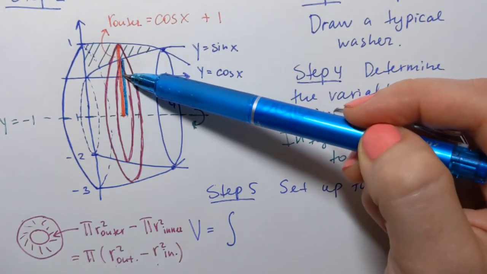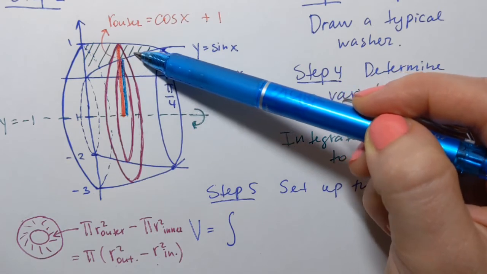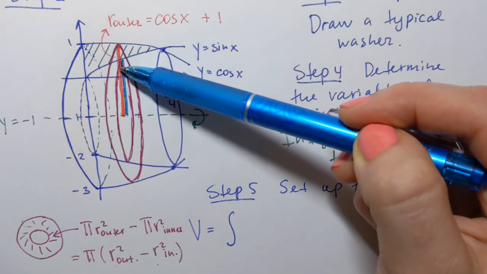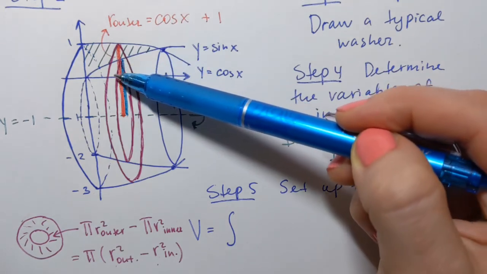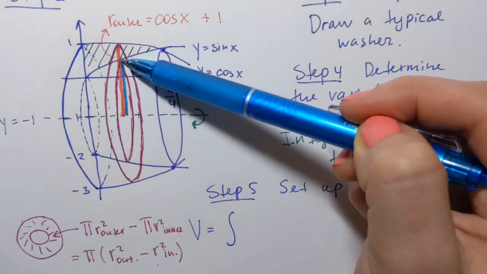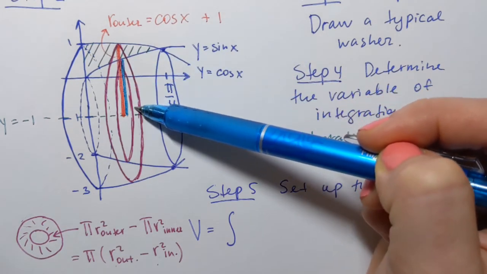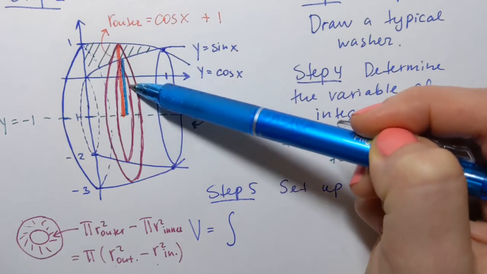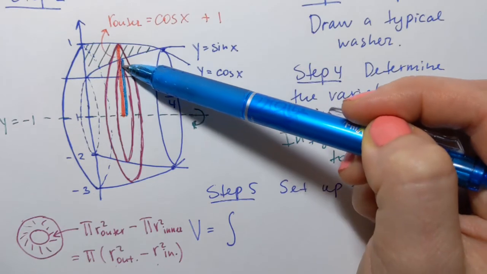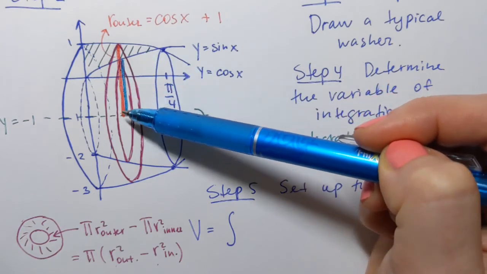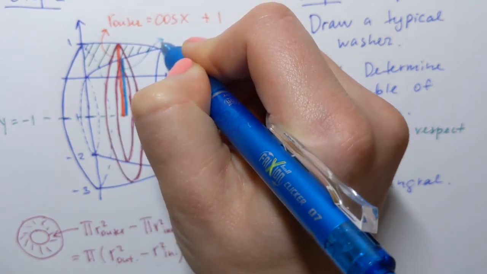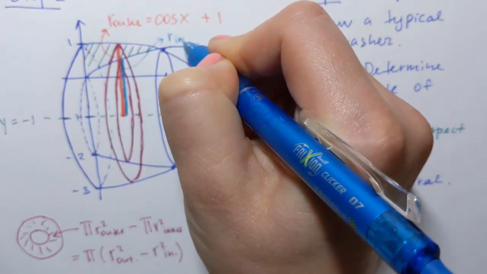Same story: from the x-axis to this line, it's expressed by sine of x. As I move right or left, this portion gets smaller or bigger, and that's how it's described, sine of x. But now I have this additional part over here that also equals 1, and it's always going to be 1 no matter where I place the washer. So altogether, this segment is described by sine of x plus 1. That's going to be our inner radius.